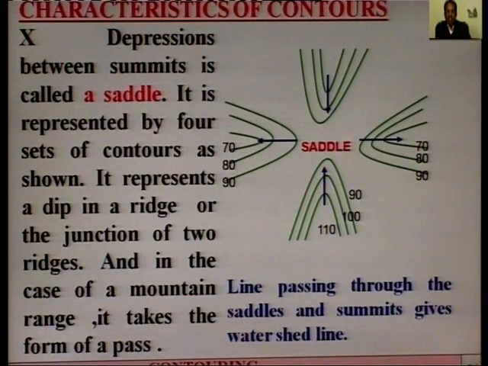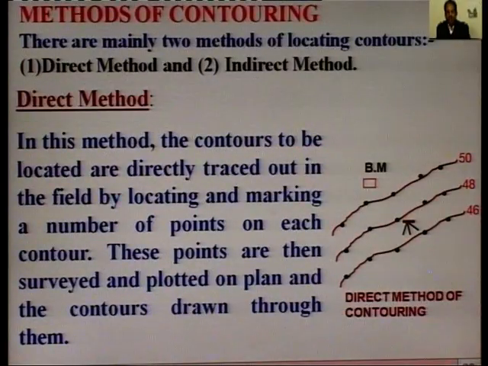It represents a dip in a ridge or the junction of 2 ridges, and in the case of a mountain range, it takes the form of a pass. The line passing through the saddles and summits gives the watershed line. The contours of a saddle are being shown on your monitor screen.